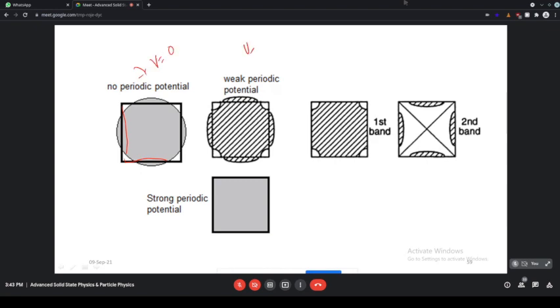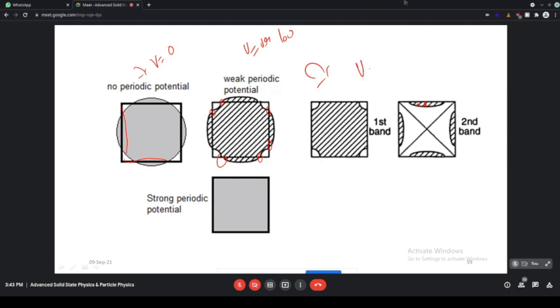But if you consider V is very low, a weak periodic potential, then there is a discontinuity appearing where these Fermi surfaces are crossing the zone boundaries. This is the first Brillouin zone band, and this is the Fermi surface of the second band or second zone.